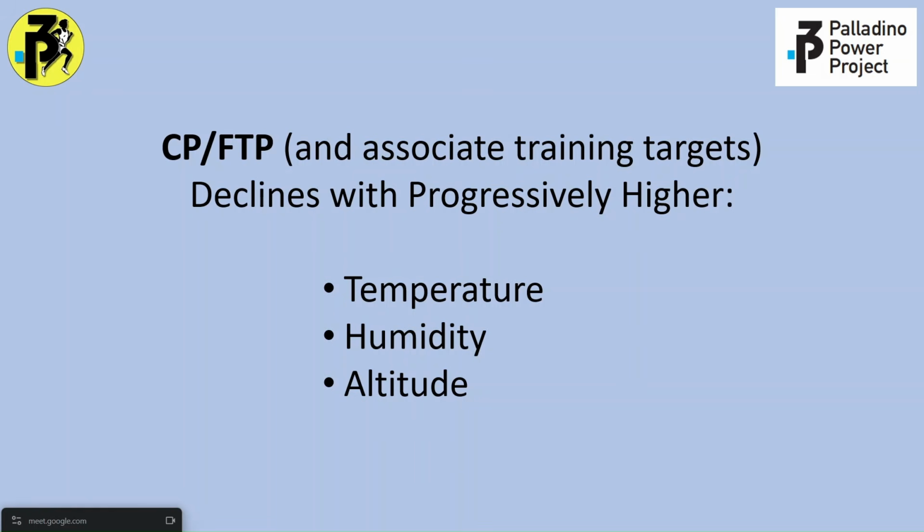Your CP is relatively unchanged, but over a 4-week period, the conditions have changed from maybe 68 degrees Fahrenheit to now 85 degrees Fahrenheit. The CP doesn't apply anymore. It doesn't apply in those conditions.